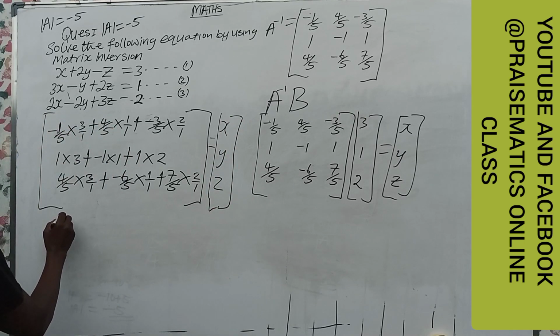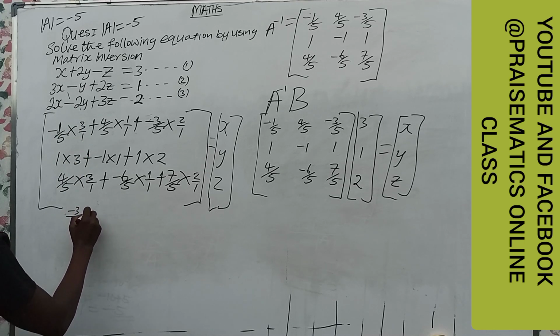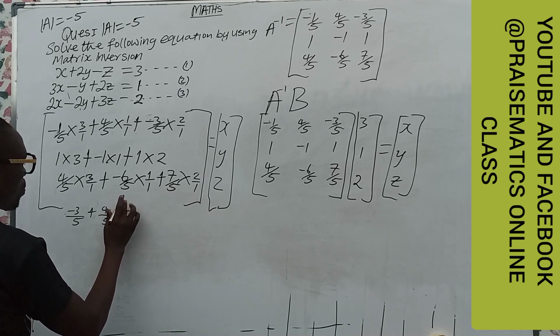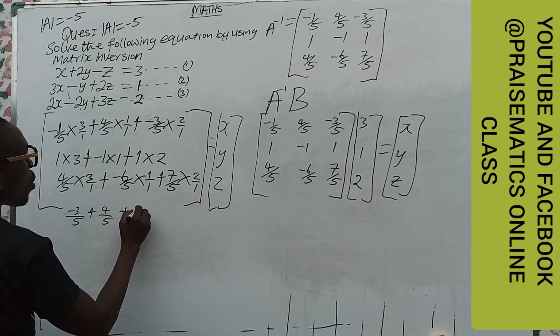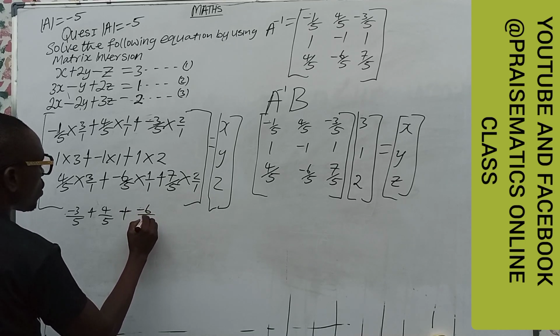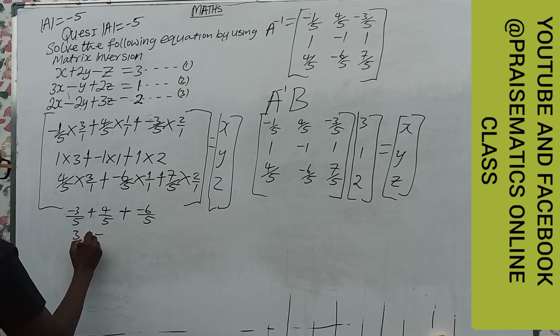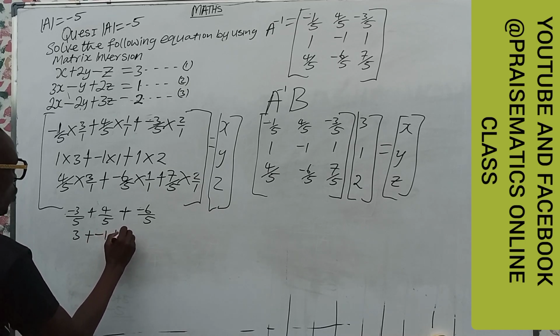Let's go. This gives us minus 3 over 5 plus 4 over 5 minus 6 over 5. Here we have 3 minus 1 plus 2.